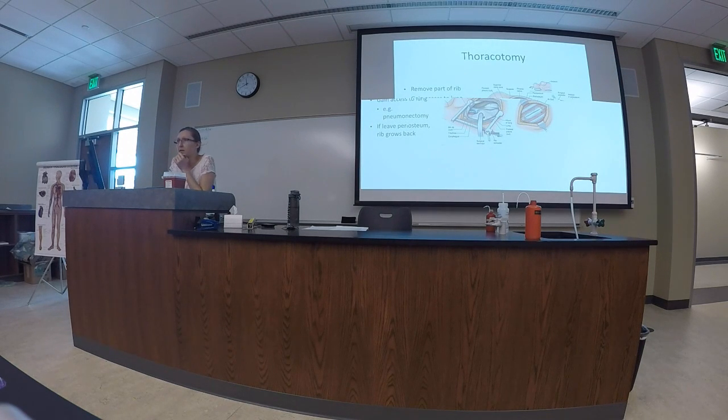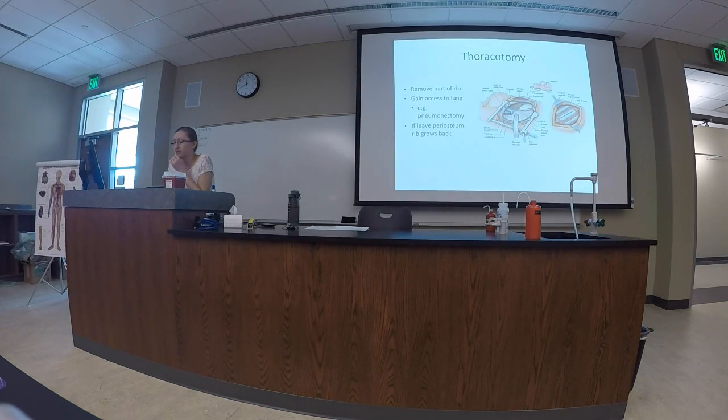Also, a thoracotomy can be done to gain access to the lung or some other thoracic structure. Part of what they do is remove part of the ribs. You can see here it's been excised in the incision site here. But what they do is they very carefully peel the rib out of the periosteum and maintain the periosteum as intact as possible.